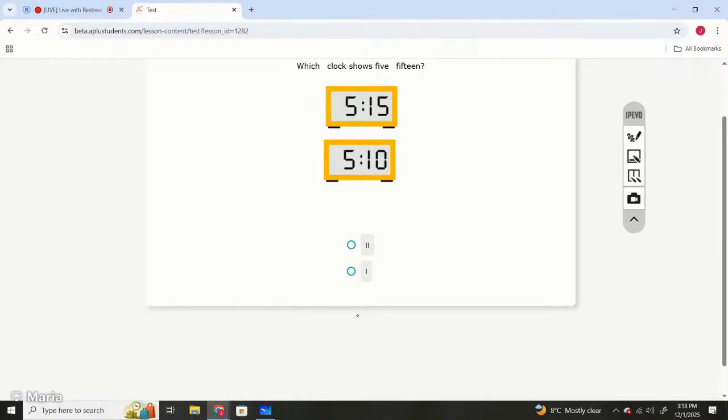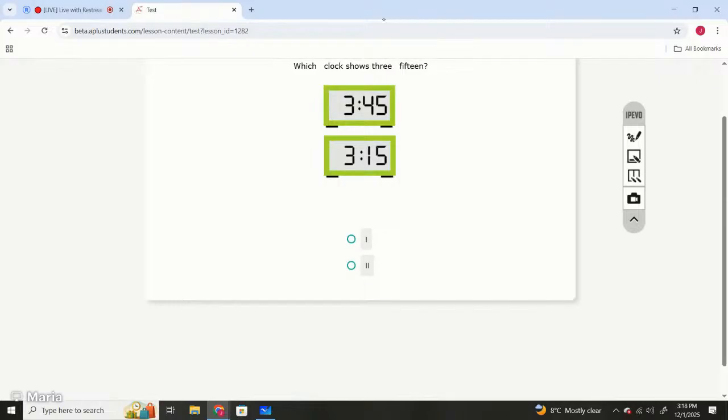So option number 1 is the correct option. Which clock shows 3:15?